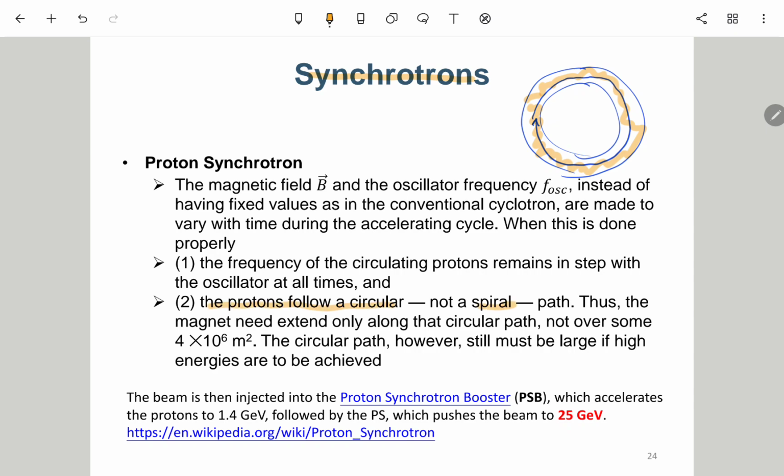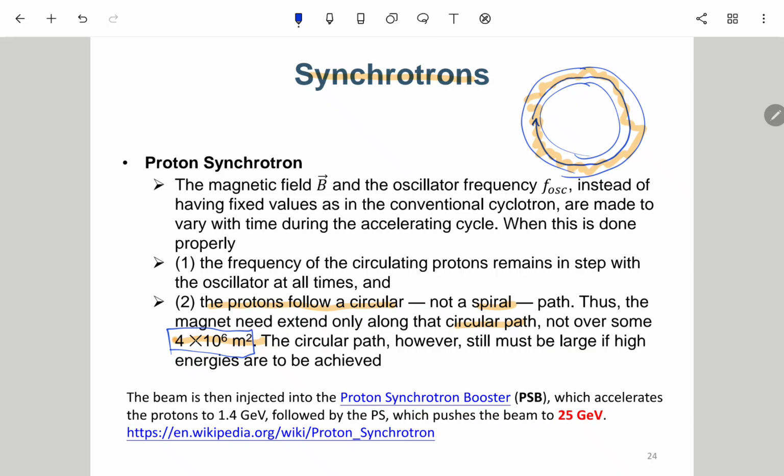For the previous case it is a spiral, the radius becomes larger and larger. So here the magnet needs to extend only along a circular path. For the previous case, the area is this large.